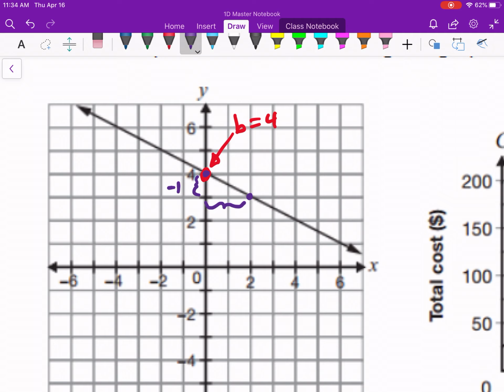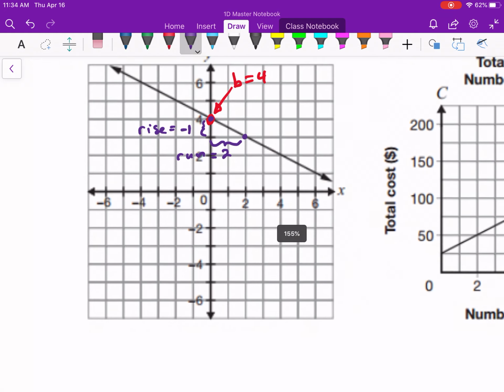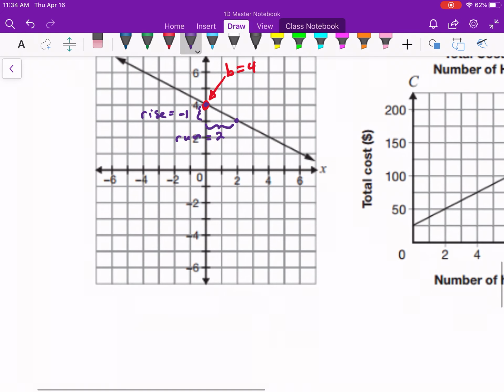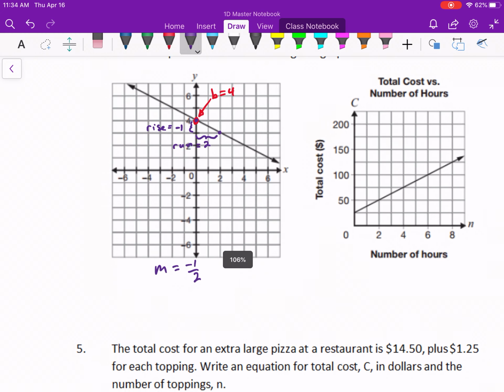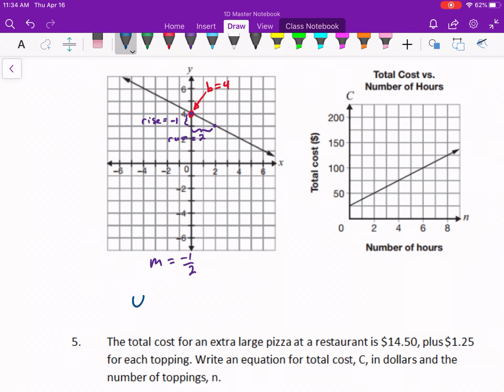To go from the farther left point to the farther right point, I'm going 2 units to the right. So this is my rise, this is my run, and then again I can put that together to get my slope. So I'll do that down below. M equals -1/2. And so putting it together, y equals -1/2 x plus 4.